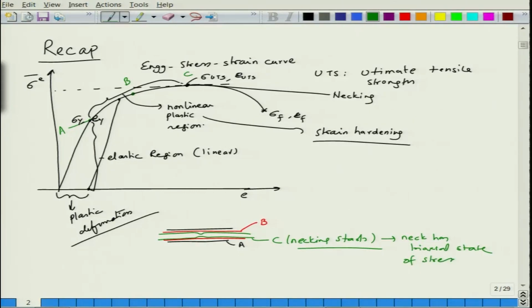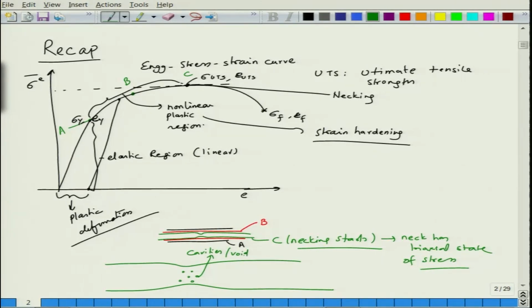So, there is non-uniform deformation in this region, and once the neck is formed, if you enlarge it, in the neck region you start forming little voids. These are cavities or voids due to high stresses. As you keep deforming, they grow in size, merge into each other, and finally lead to fracture.